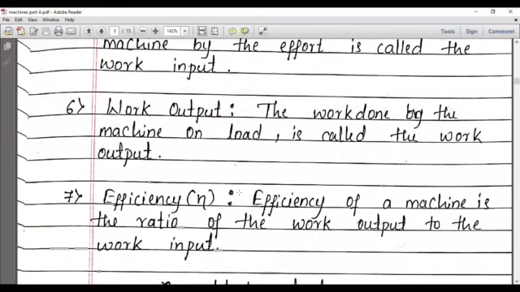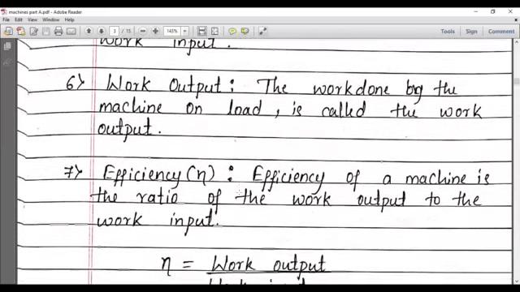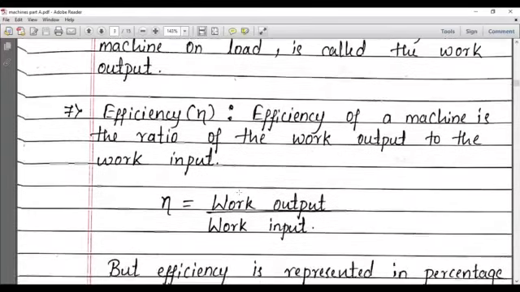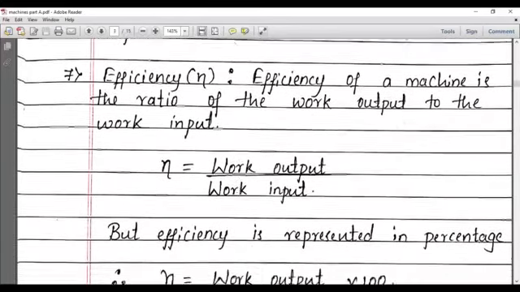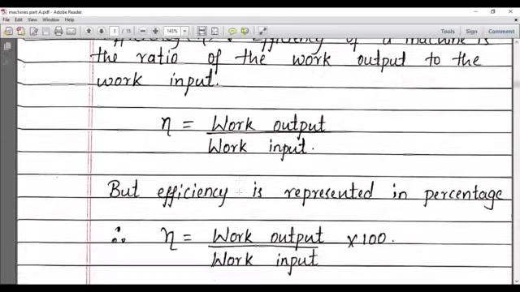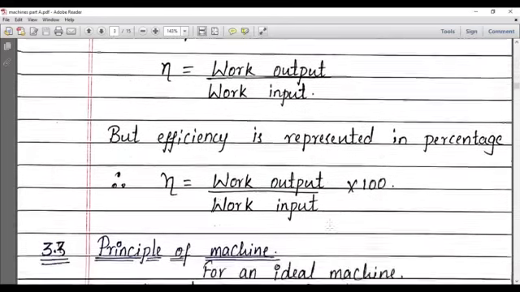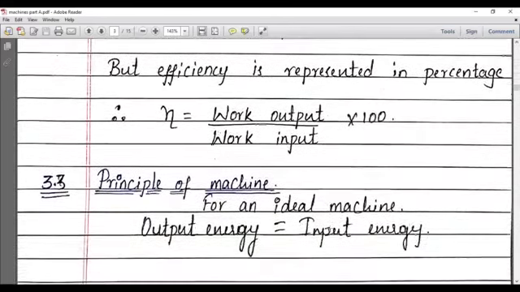If you take the ratio of work output to the work input, you will get the efficiency of a machine. But usually the efficiency of the machine is calculated in terms of percentages. So efficiency will be equal to work output divided by work input into 100.